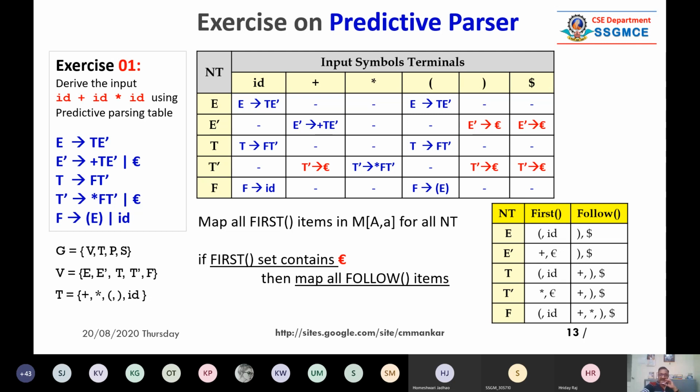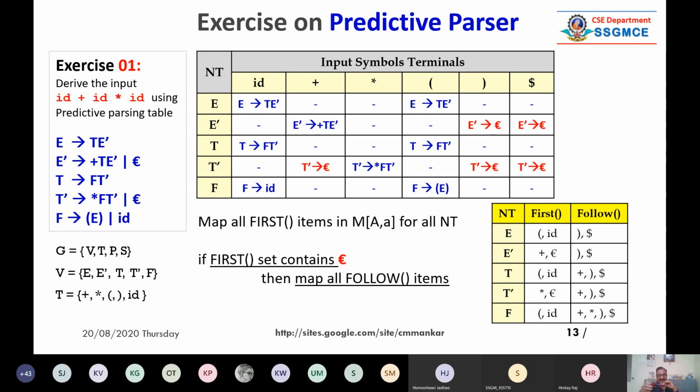Now, once you have the first and follow set, then you can directly construct the predictive parsing table. We have seen the method of how to normalize the grammar. So in a predictive parsing table, your grammar must be LL1 type. We have seen last time what is LL1 type.